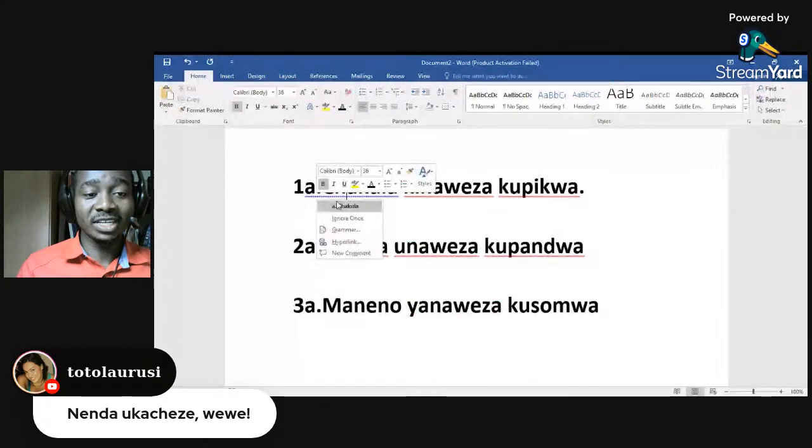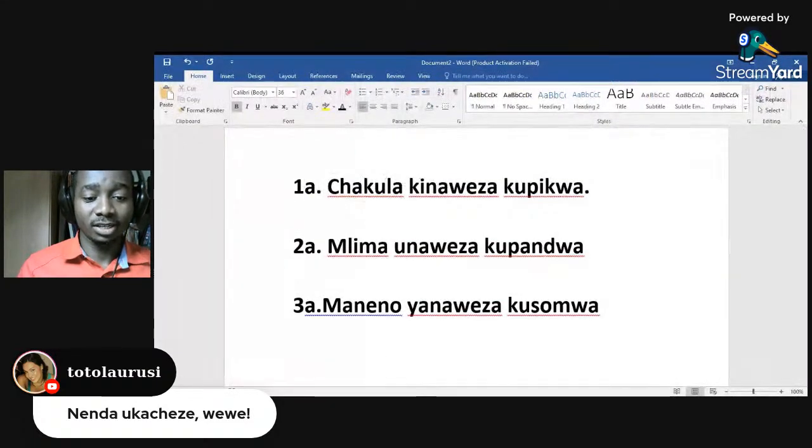So we want to use ka here. I will read the first sentence. Chakula kinaweza kupikwa. The food can be cooked. The second sentence, mlima unaweza kupandwa. The mountain can be climbed, the mountain can be scaled. Maneno yanaweza kusomwa. The words can be read.